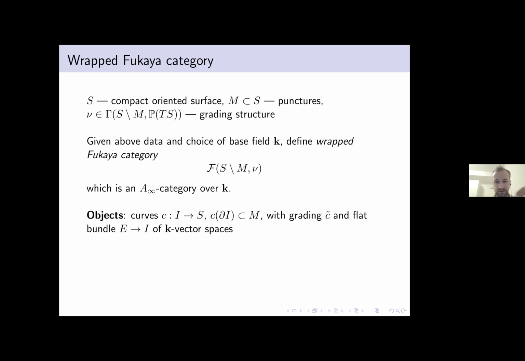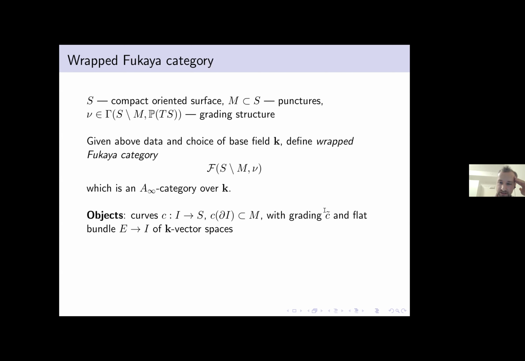I don't want to go into all the details of that definition, but the important thing to know is that objects in here come from curves. Lagrangians in this dimension are just curves. They could be closed curves, or if they have endpoints, these endpoints need to lie in M, or you can think of them as approaching infinity, approaching the punctures.